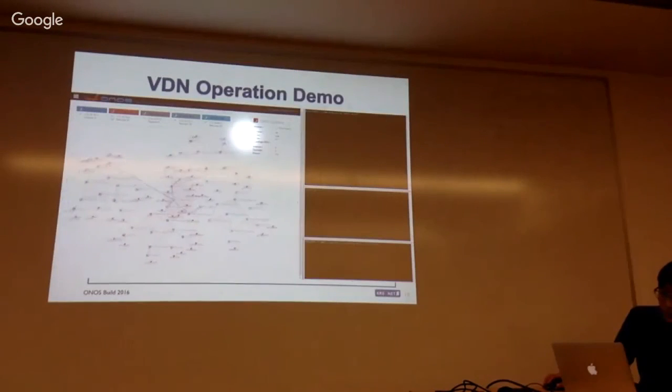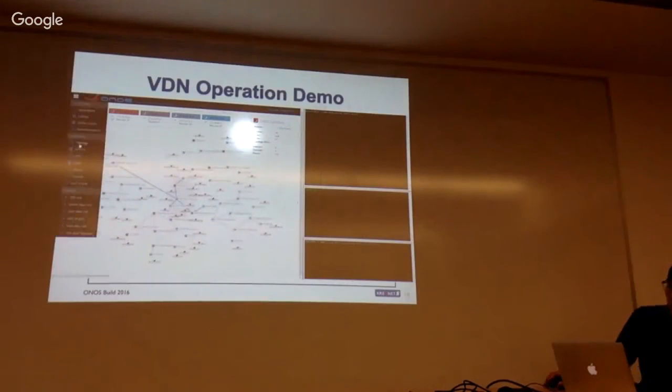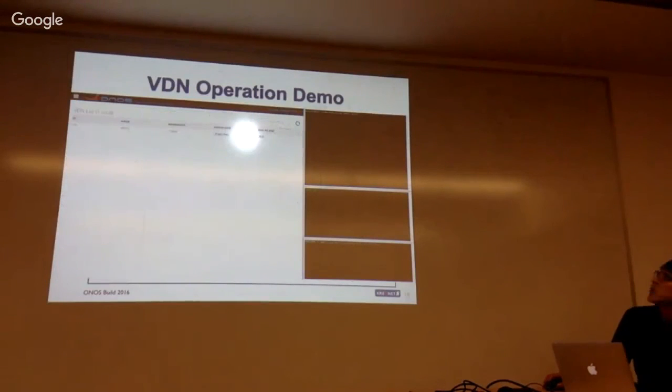This is a demo video for VDN operation based on REST API. The JSON format for creating a VDN includes VDN ID, required bandwidth, and VDN hosts. A VDN can be created by using the REST API, and the ping between the hosts in the same VDN is operated normally.